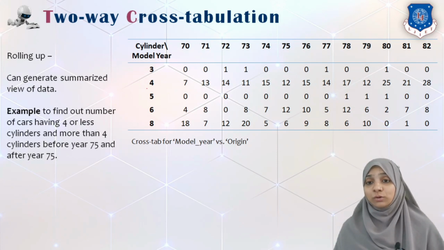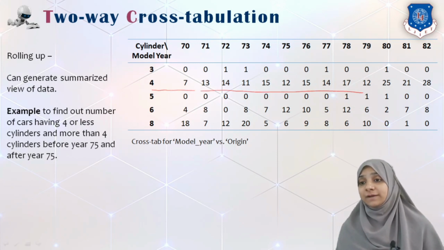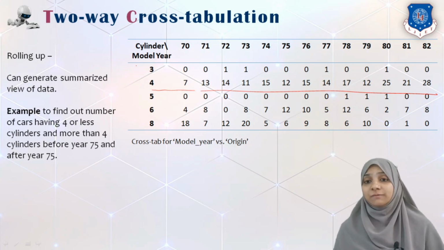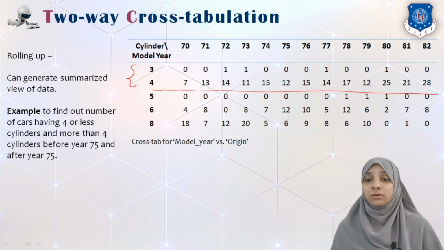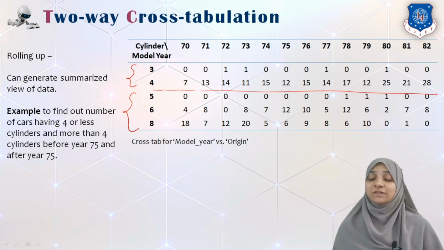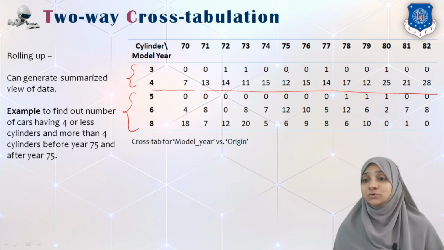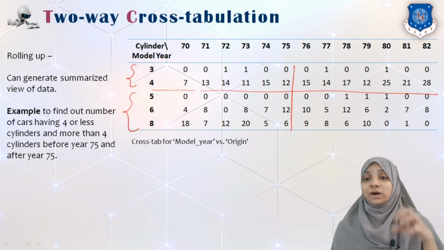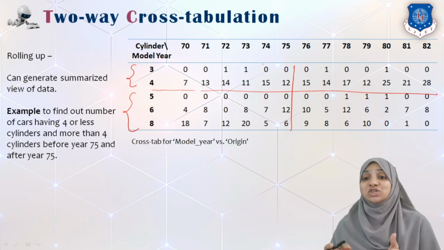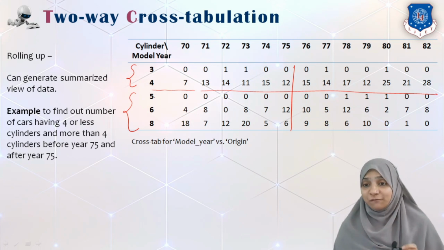So I need to divide my table into these categories, because these vehicles have 4 or fewer cylinders and these have more than 4 cylinders. Also, I want to visualize cars manufactured on or before 1975 and after 1975. So I will roll up, taking a summarized view of the same table in such a way that it has only 4 portions.